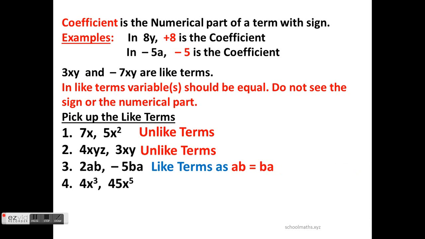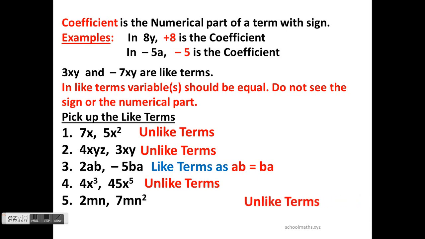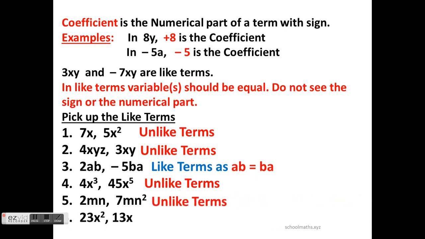One more. 4x cube, 45x to the power 5. Here the power is different, so unlike terms. One more. 2mn, 7mn square. See, in the case of n, first term is having n, second term is having n square. So unlike terms. 23x square, 13x.